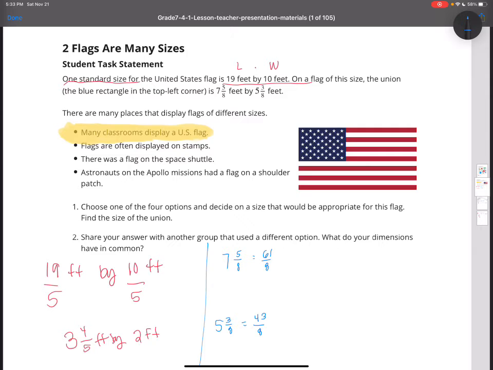And guys, if you are confused about how I got that mixed number into an improper fraction, I will go over it multiple times in this lesson, so make sure you pay attention. And plus, I could probably insert something into this Google slide showing you how to convert a mixed fraction into an improper fraction. All right.